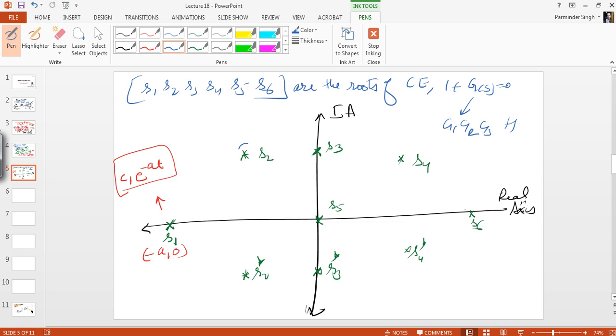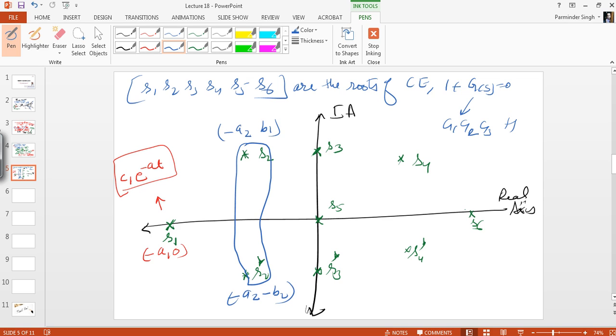Number 2, now suppose the roots are a conjugate pair, represented by S2, that is, minus a2 plus or minus j b2.